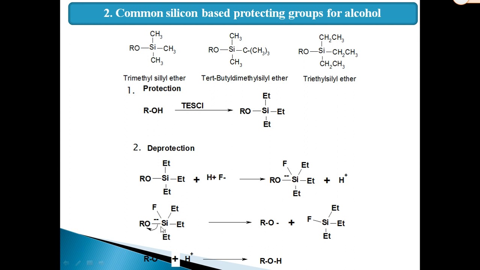So the bond of the electron pair between oxygen and silicon atom opens on this hydroxy group, or the oxygen atom, to form this alkoxy ion, and finally H positive adds to form the alcohol. Here we deprotected the alcohol, recovered our alcohol by using this fluoride, HF.